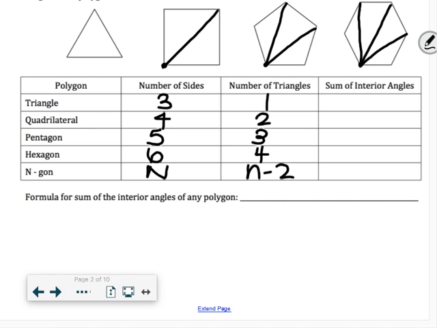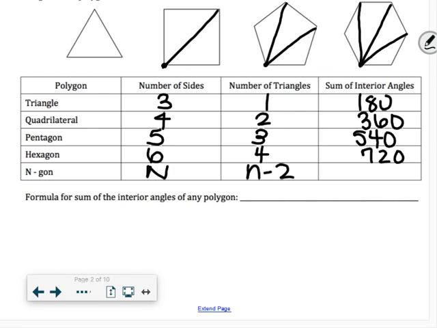So from our table we had 180, 360, because the number of triangles is 180, 2 triangles is 360, 3 triangles is 540, 4 triangles, 720.